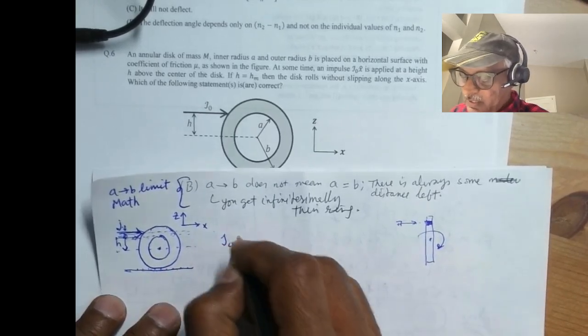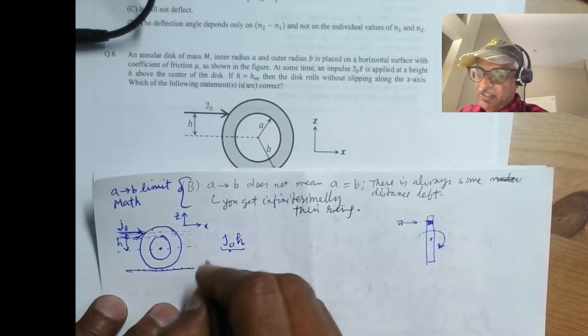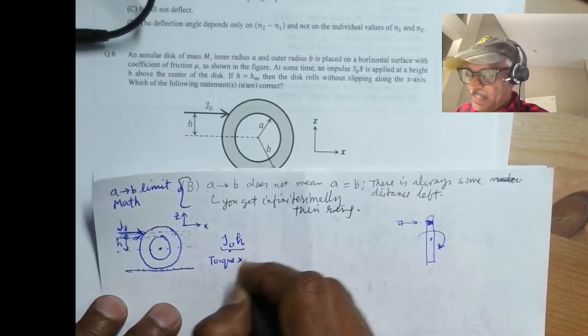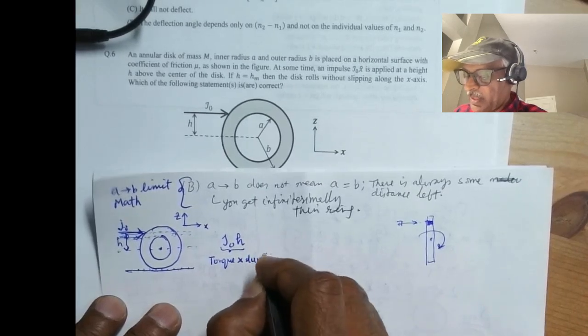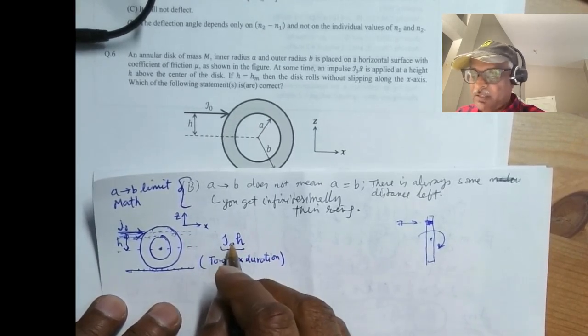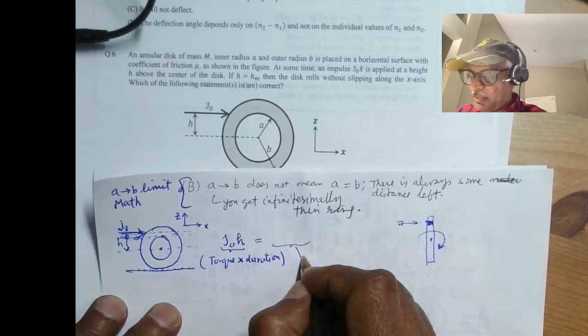So you have J0 times H. This is like a torque times duration, so you might say it's angular impulse. That will be the change in angular momentum.